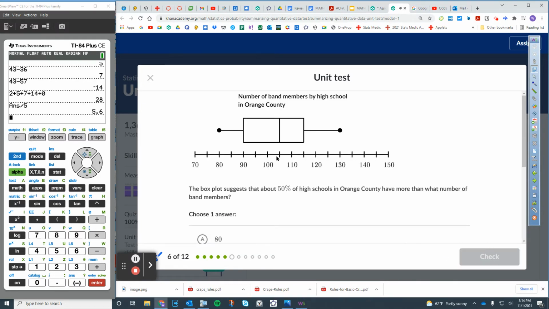Okay, so here is the number of band members by high school in Orange County, and you have the box plot.